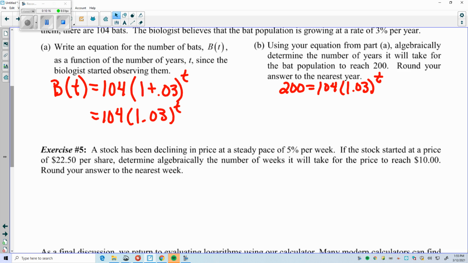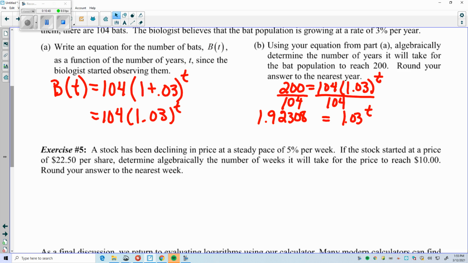And what we want to do is get everything away from the thing with the exponents. So like I want to get everything away from this number 1.03. So I'm going to first start by dividing through by 104. Okay, and that's going to leave me with around 1.9 and change. And on this side, I still have 1.03 to the t.